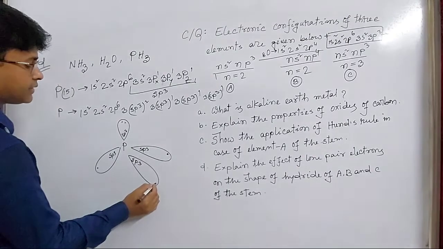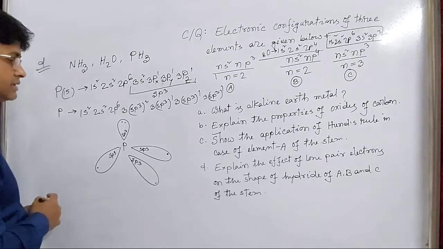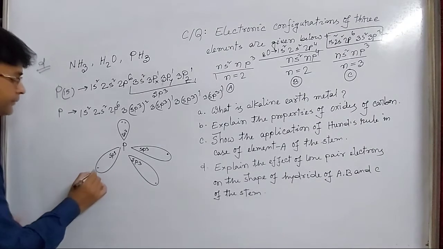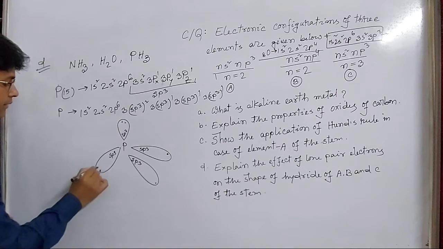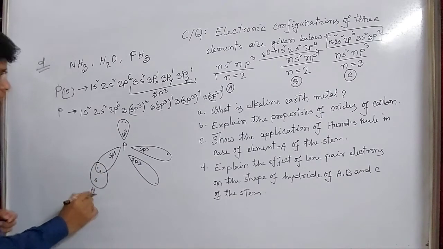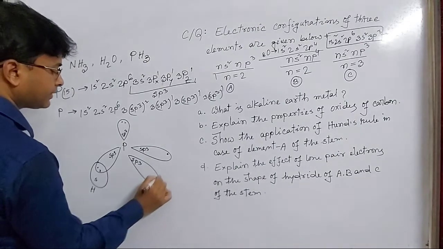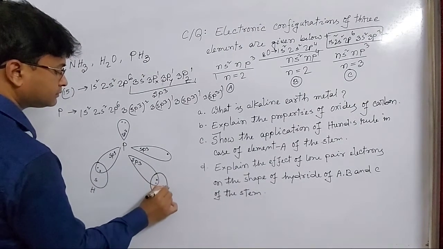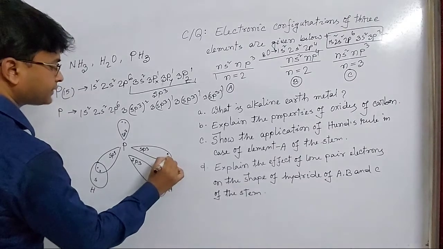Three sp3 hybridized orbitals containing a single electron overlap with the s orbitals of 3 hydrogen atoms to form phosphine.